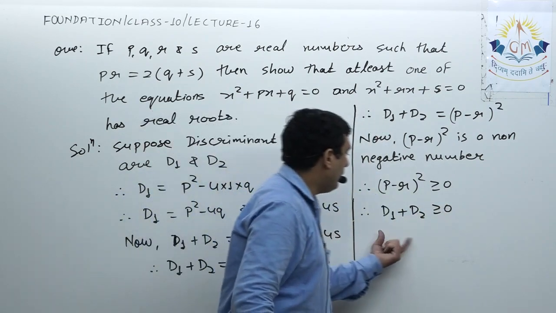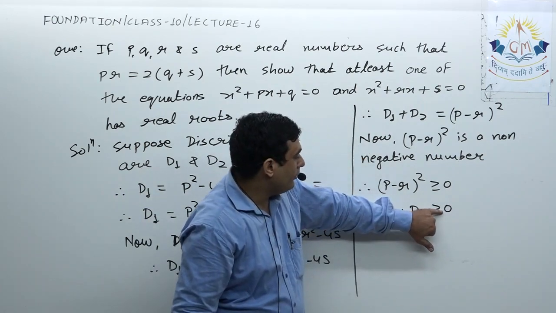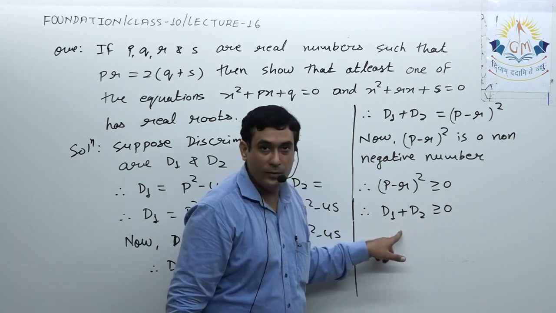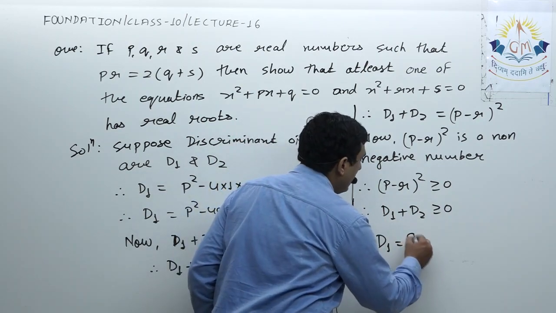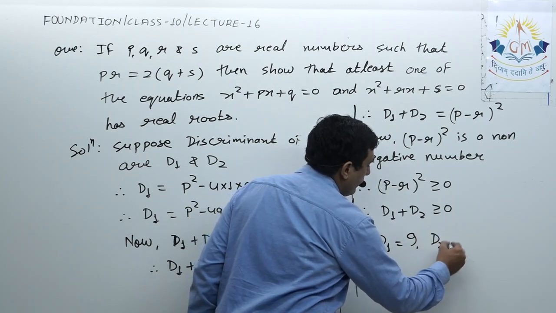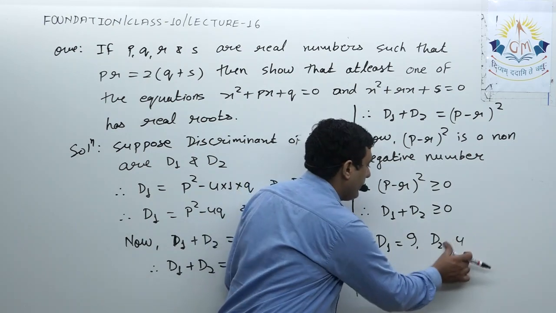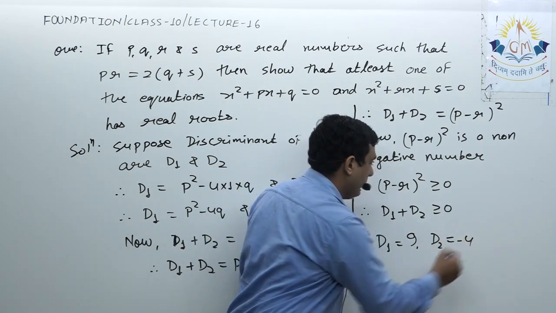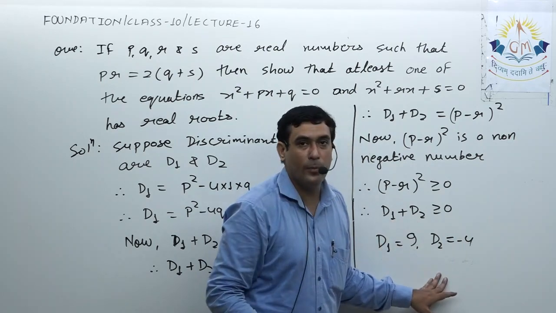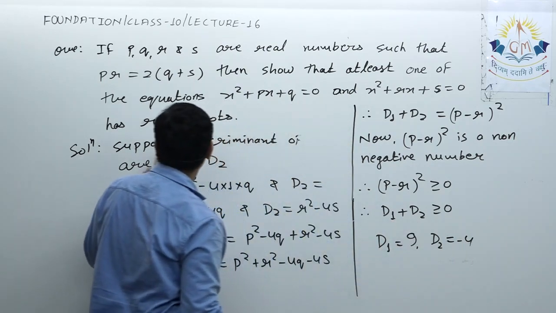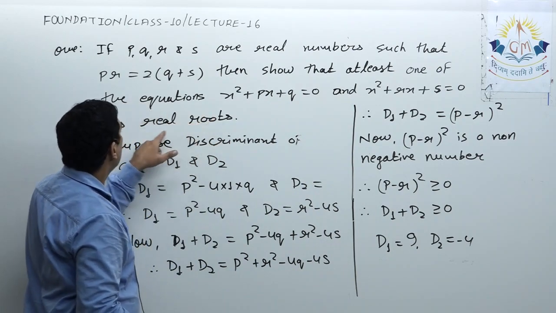Now see, the sum of two quantities is greater than 0, so obviously one must be positive. It is quite possible that d1 is equal to 9 for a while and d2 is equal to minus 4, which is one of the possibilities, but their sum is greater than 0, so at least one must be positive. What we have to prove is that at least one of the equations has real roots.